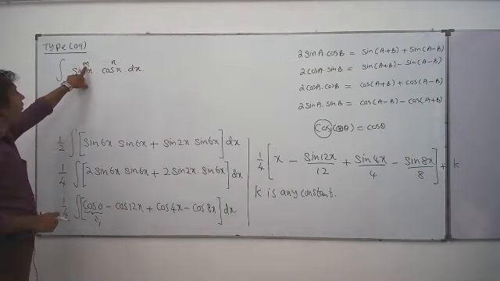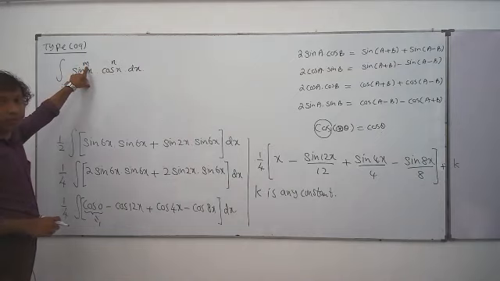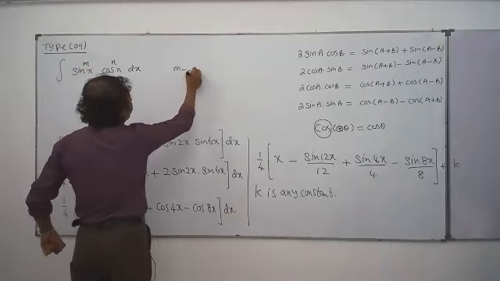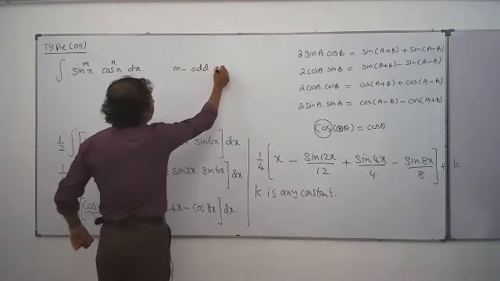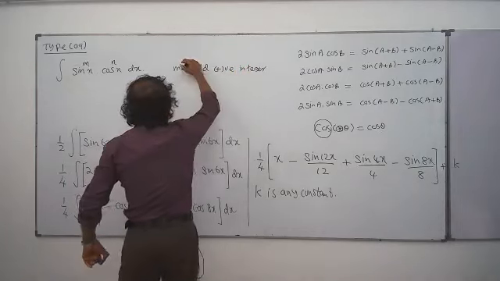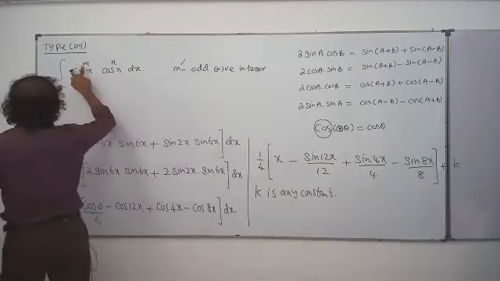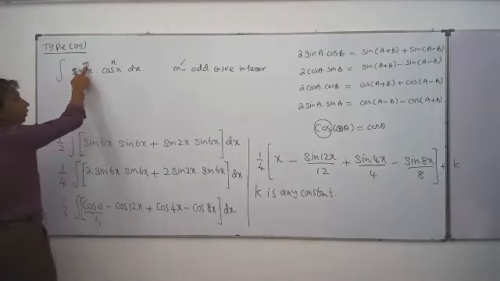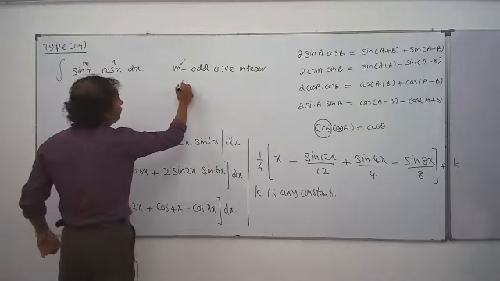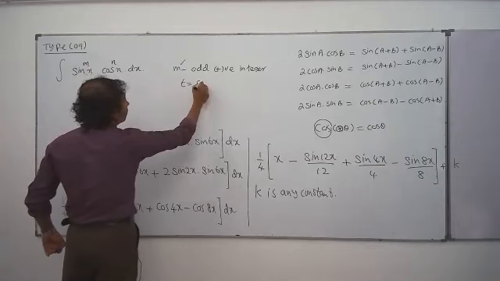If the power of this sine is odd positive integer, that means this m is odd positive integer. This m is the power of sine. If the power of this sine is odd positive integer, then the substitution we use is t equals cos x.